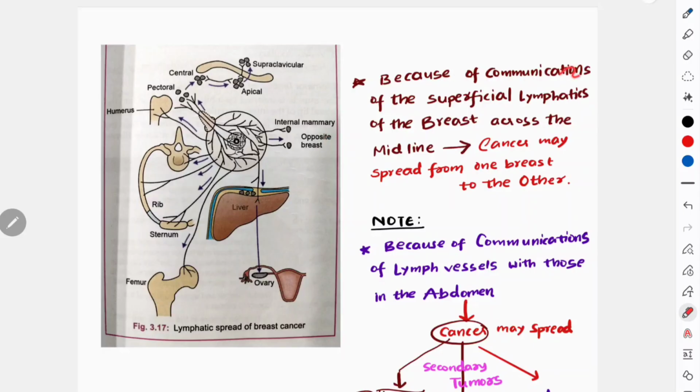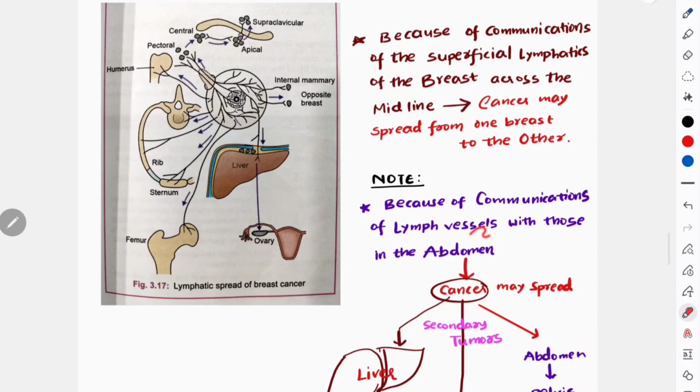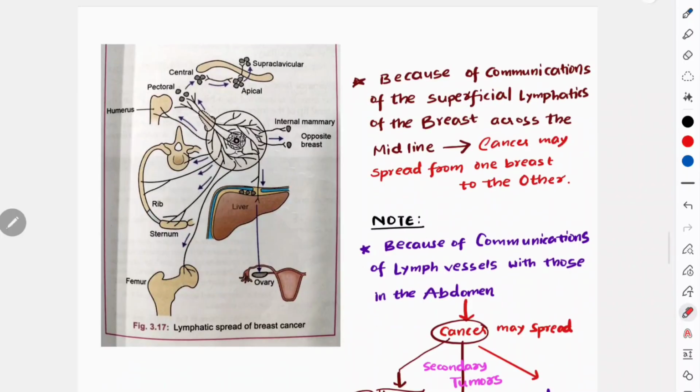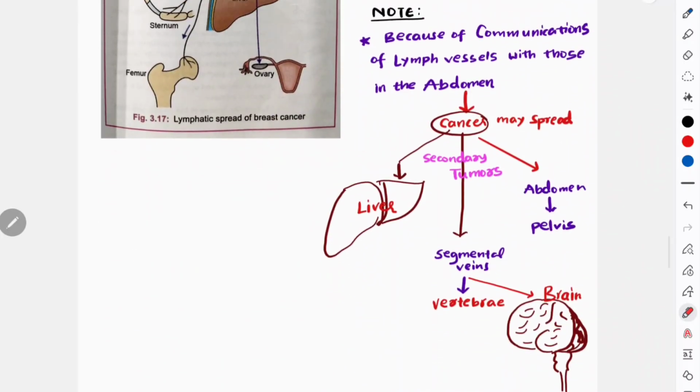Because of communications of the superficial lymphatics of the breast across the midline, cancer may spread from one breast to the other breast. Note: because of communication of lymph vessels with those in the abdomen, and in the abdomen we have the subperitoneal lymph plexus, cancer may spread to the liver.